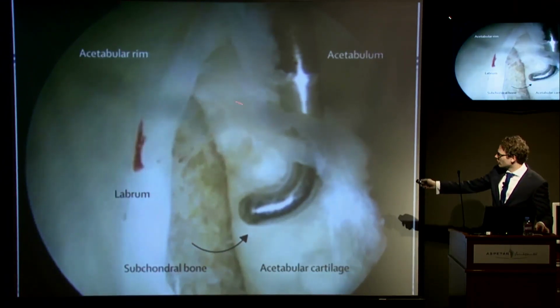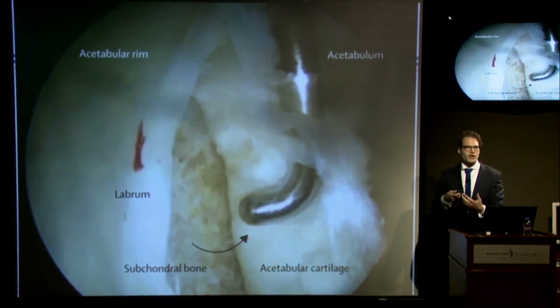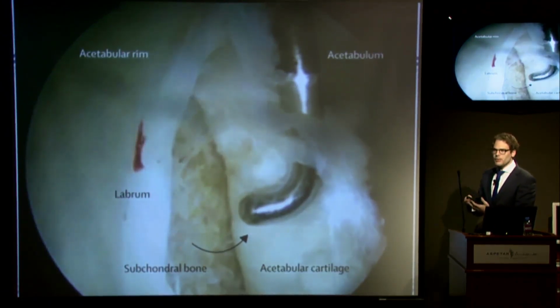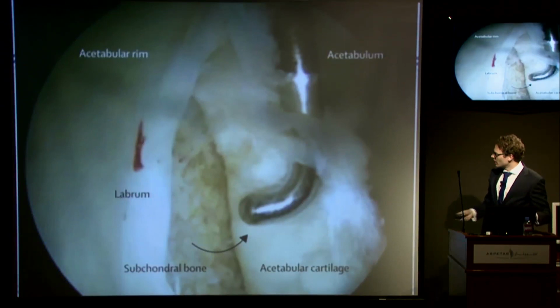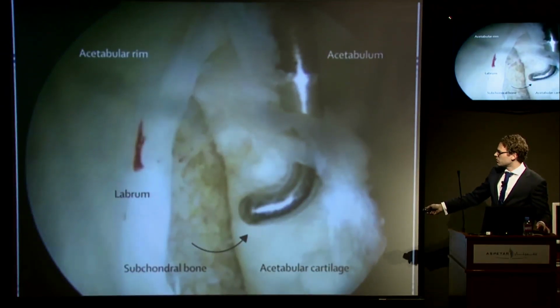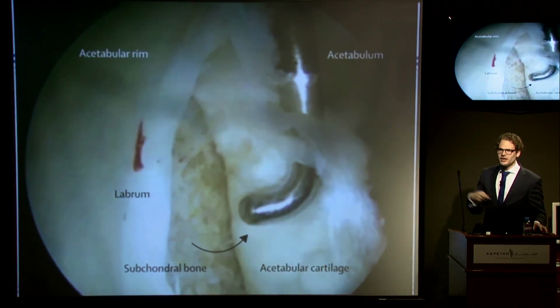So in a normal situation, the subchondral bone would be covered by the cartilage layer. But because of the cam deformity that impinges in the acetabulum, the cartilage layer is completely separated from the subchondral bone. And we see these really damaged hip joints already in very young athletes.